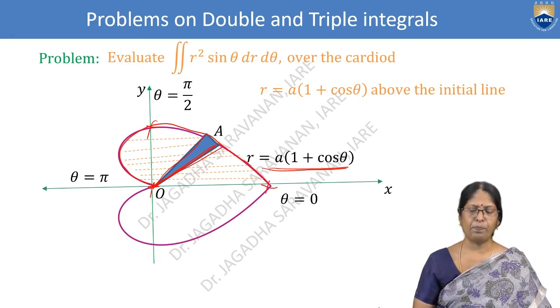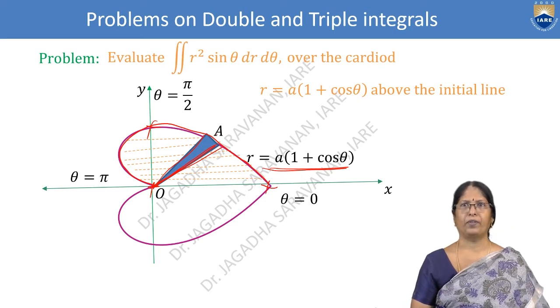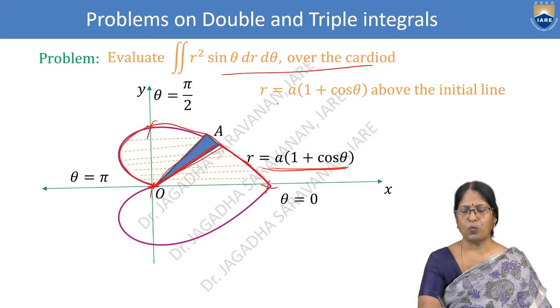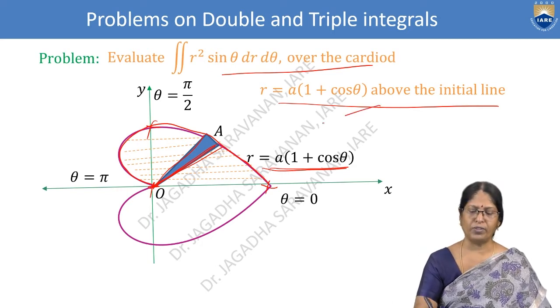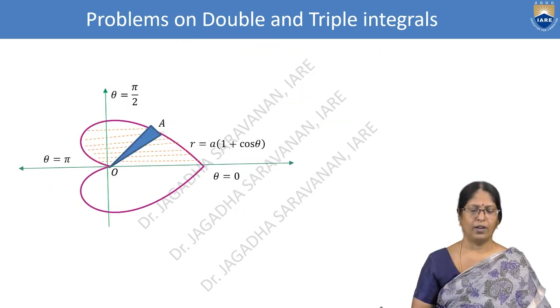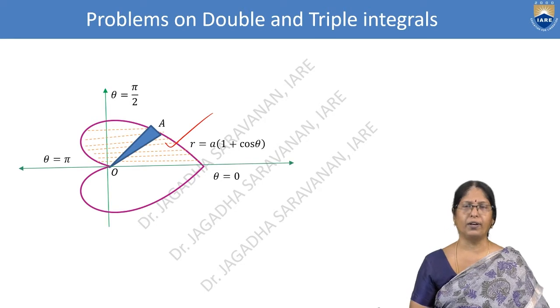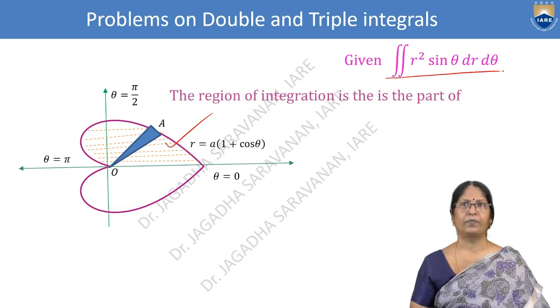Now, the strip we are naming as OA. So, reading the question, according to the points given, we drew the figure. We kept a small figure here. This is our given question.